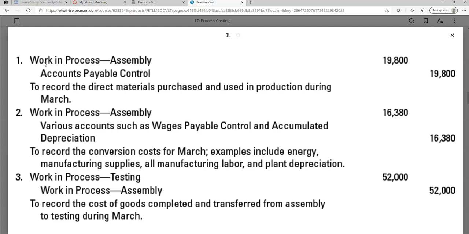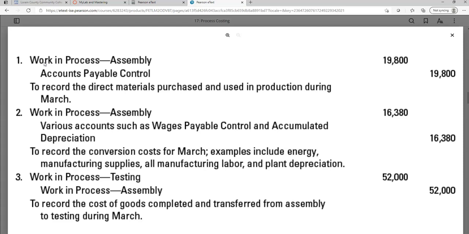So it's bypassing where we would store inventory normally. So we have work in process inventory for the assembly department debited, and we credit accounts payable control. If we did have this going into a materials control or raw materials, we would debit that account, credit accounts payable, and then transfer that to work in process.